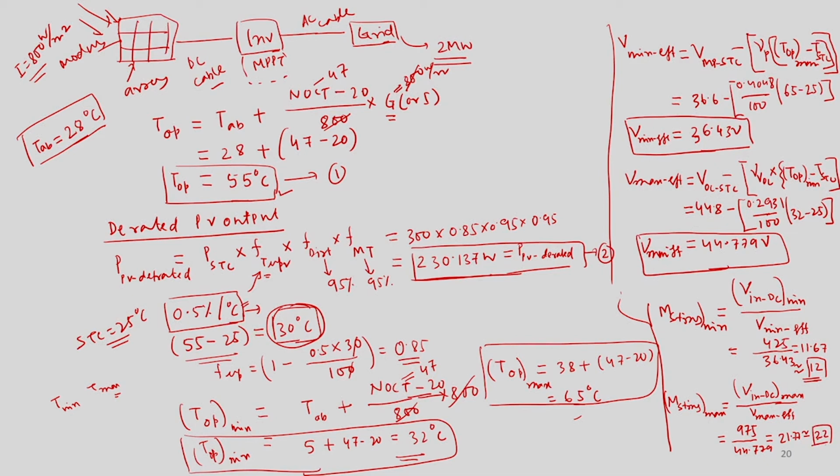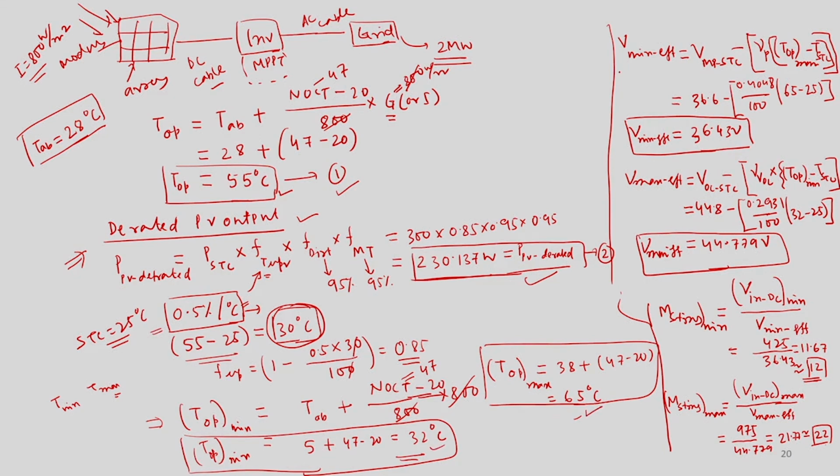So what I have done here: first we calculated the operating temperature, then we calculated the derated power output of the PV array, and since we know the values of the derating factors, we used them while calculating this derated PV output. Then our attempt was to calculate the operating minimum temperature and operating maximum temperature, which are found to be 32 and 65.